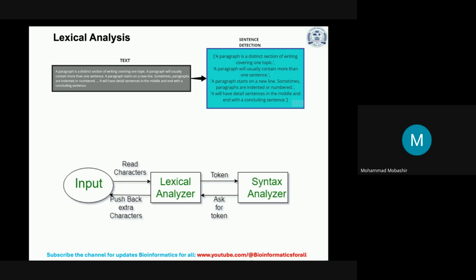And how it could work is basically your input could be in the form of text, and you need to read the characters. Then you can also push back extra characters. Once you are done with this, you process for token, dividing the sentence into tokens. And then you process for the syntax analyzer, that is, ask for token.